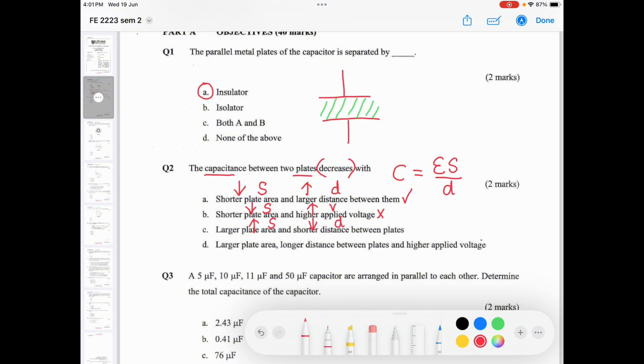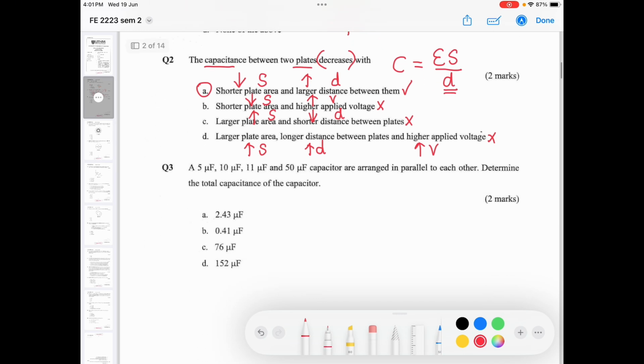If the distance is shorter, smaller, C will increase. So this is not correct. So larger plate area, long distance between the plates, and higher applied voltage. This is also wrong. So the answer is A.